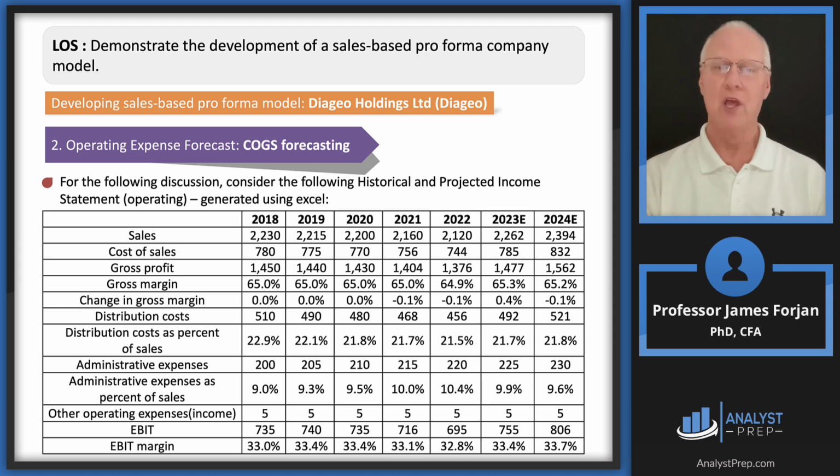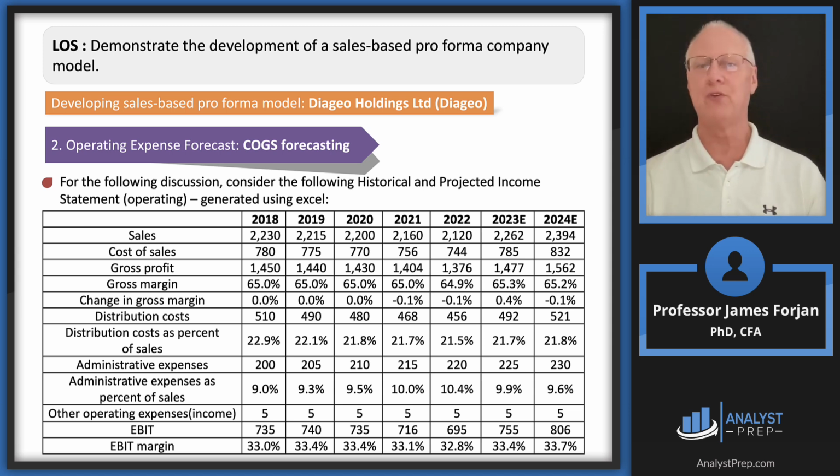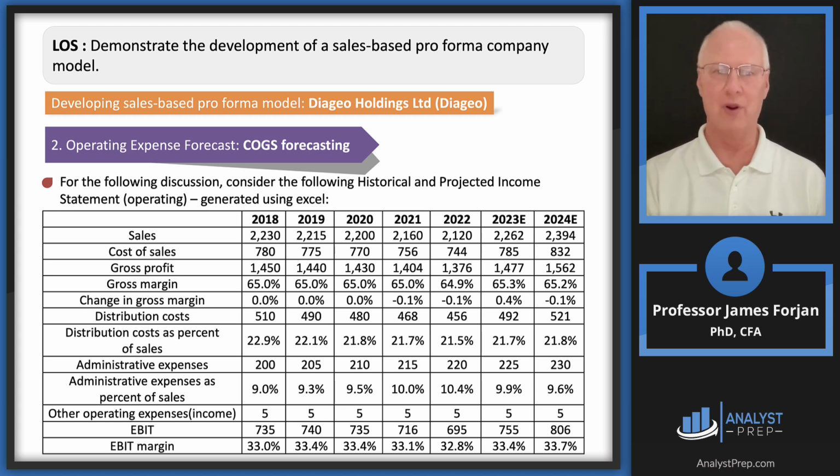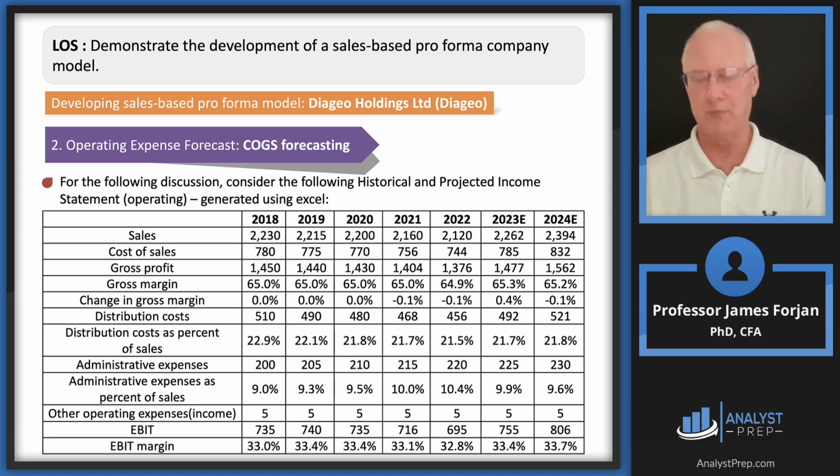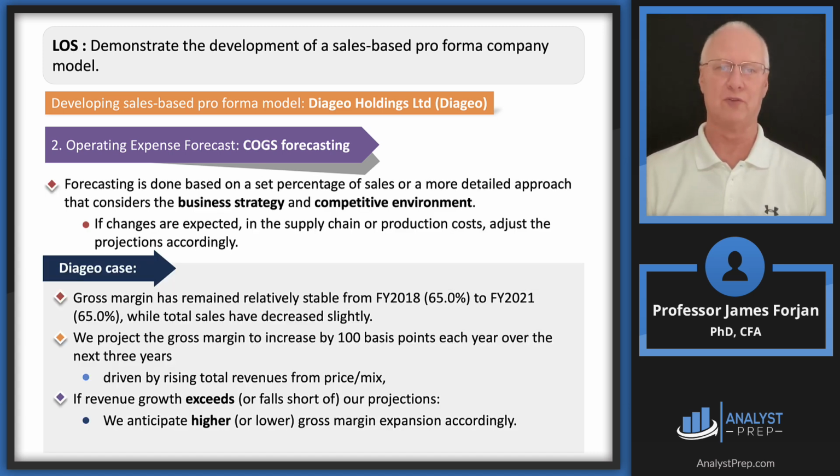On the other hand, what if the Institute says, hey, the distribution cost as a percent of sales is 21.7%, then use that number to get the 492, and then you should be able to compute this entire column. Remember, the Institute's probably not going to give you 100 columns out there and ask you to compute 100 of these things. They're just going to ask you just one of those questions.